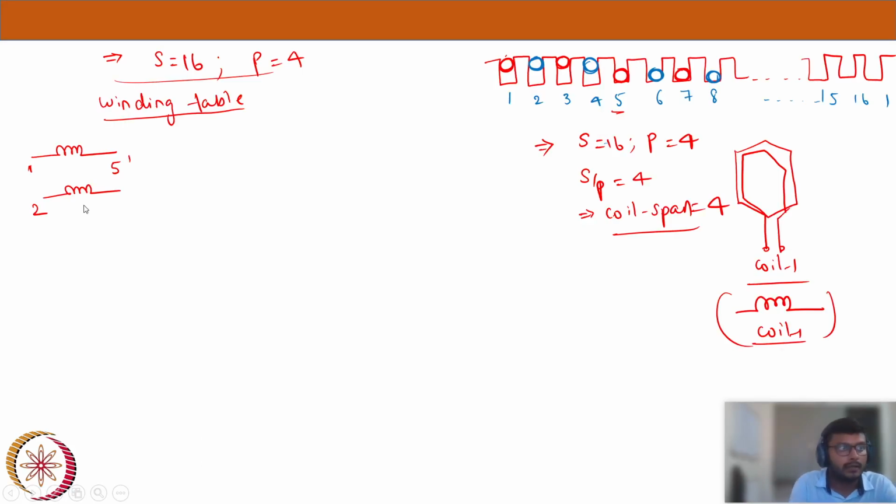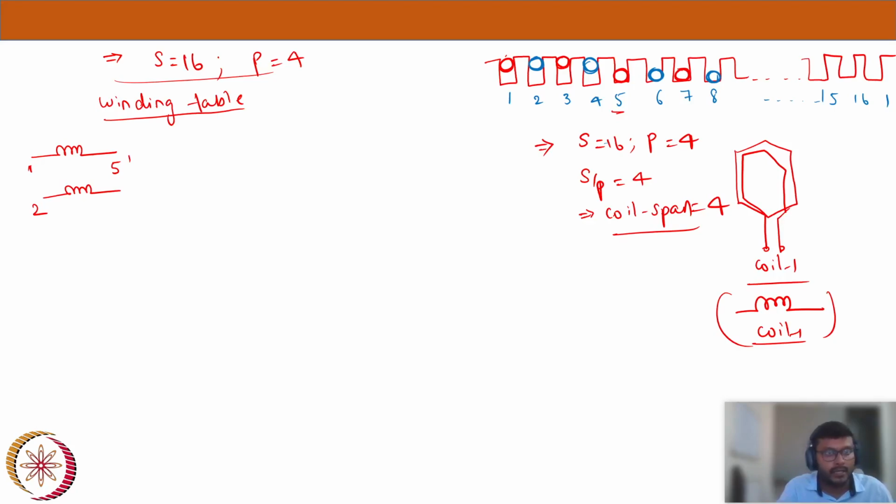Sir, I have a little question on that. In 12 slot or 16 slot, there will be equal slots in each pole, right? In 12 slots, there will be three slots in each pole, equal.